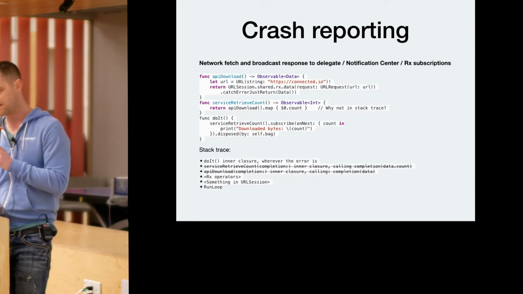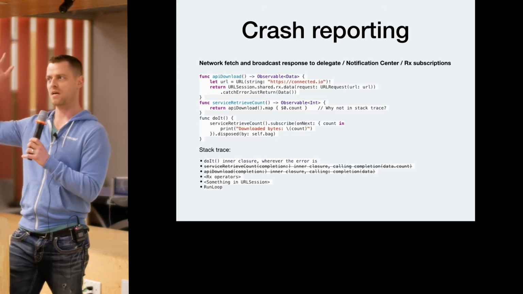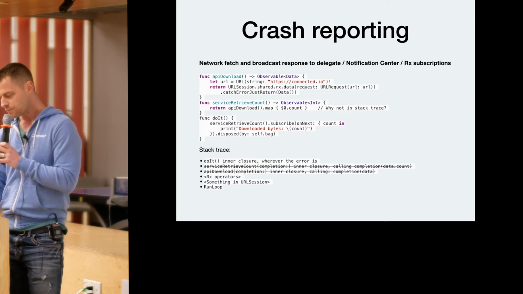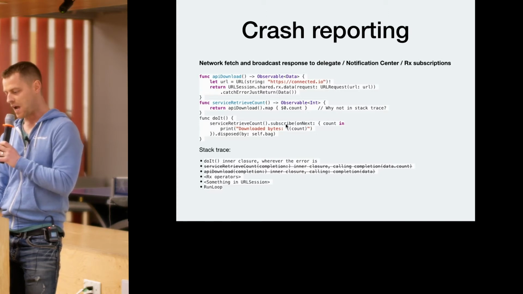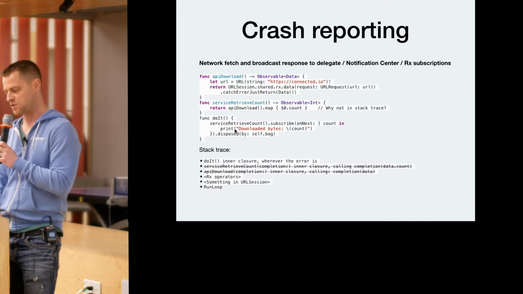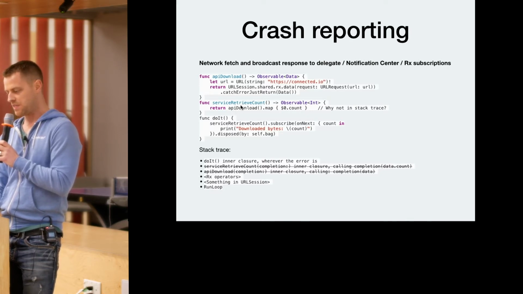Now that's in contrast to when you do a network fetch and it just broadcasts out to some kind of pre-wired listener, where very similar code. So do it calls the service retrieve count and subscribes to it. So it's using a subscription instead of a completion handler. And the service is really just taking the API thing and mapping to a model.